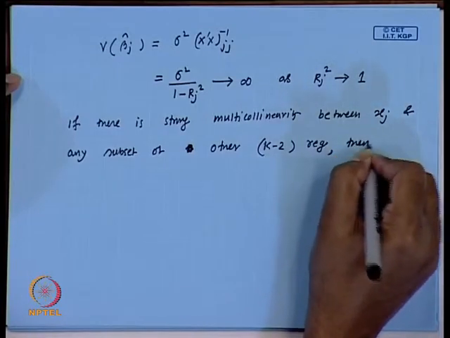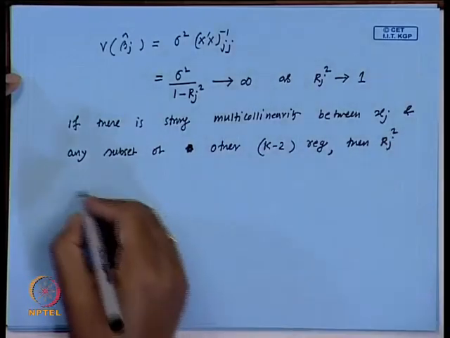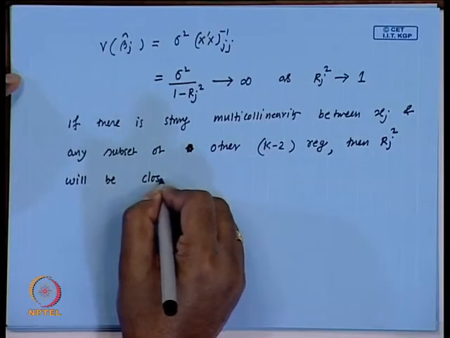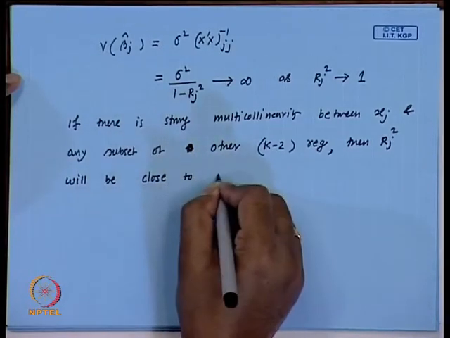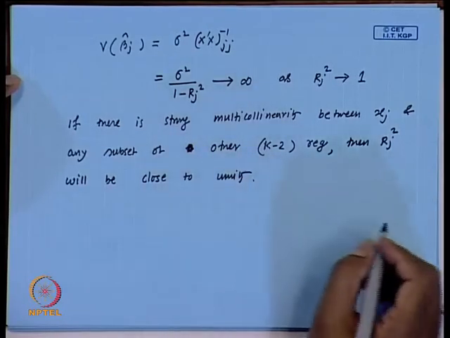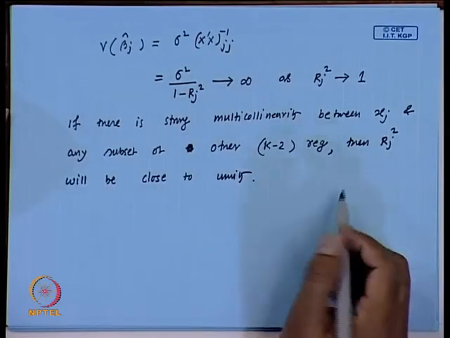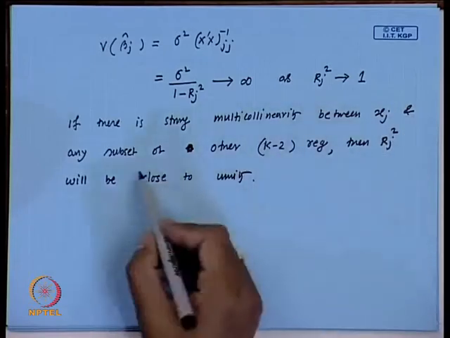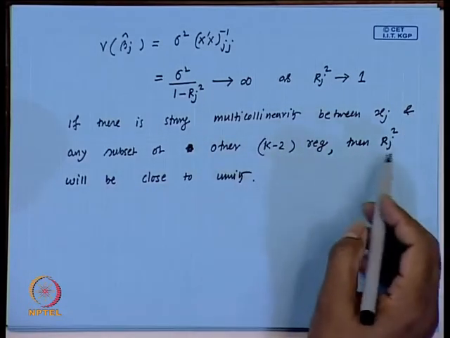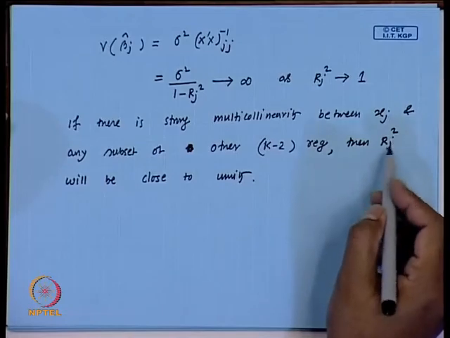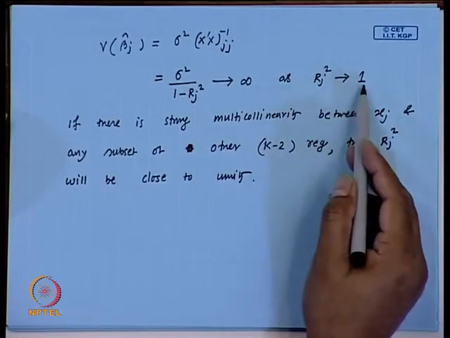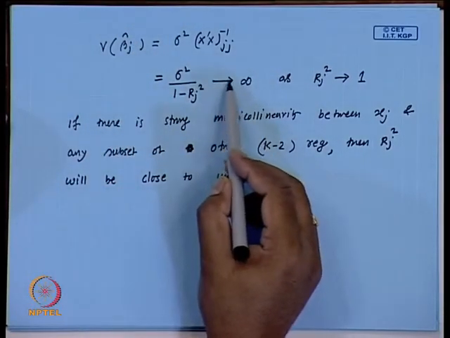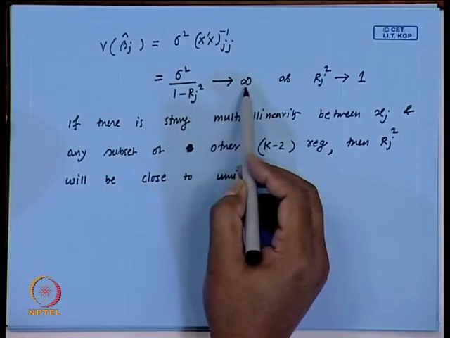Then Rj square will be close to unity. So, if there is strong multicollinearity between the regressor Xj and any subset of the other remaining regressors, then Rj square will be close to unity, and the variance of beta j hat will tend to infinity.